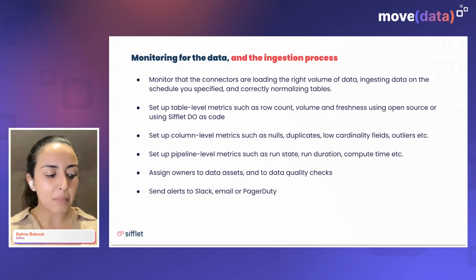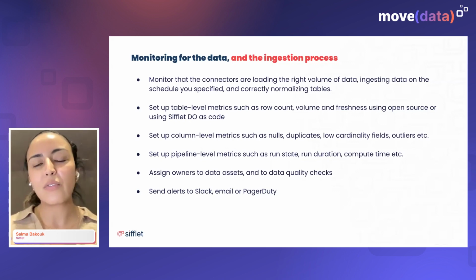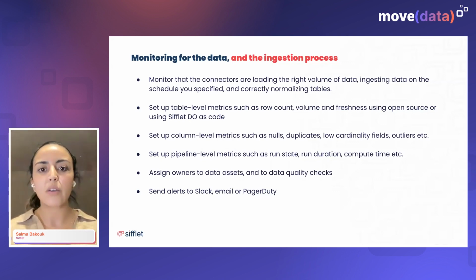And this is a big topic because you don't want to exacerbate the effect that data silos can have on how data and trusting data gets eroded in the system. And so you want to assign owners to data assets, and you want to assign owners to data quality checks so that everybody's on the same page. And finally, you choose your favorite alerting system, whether that's you want to send alerts to Slack, to email, PagerDuty, Opsgenie, whatever that may be.